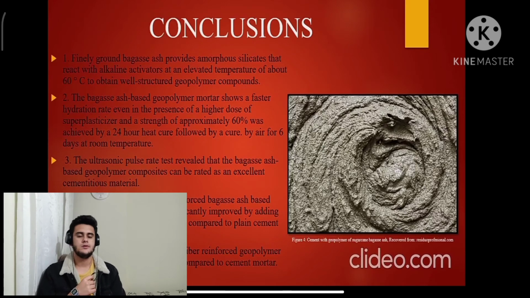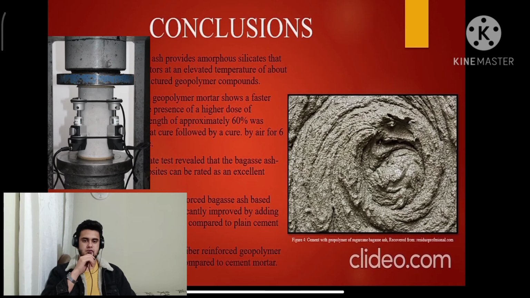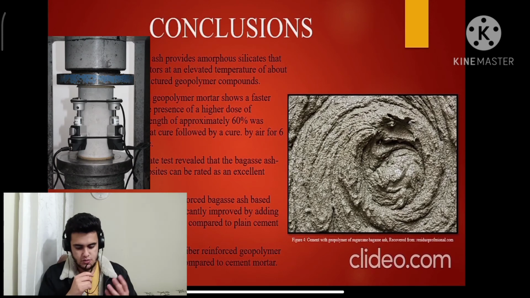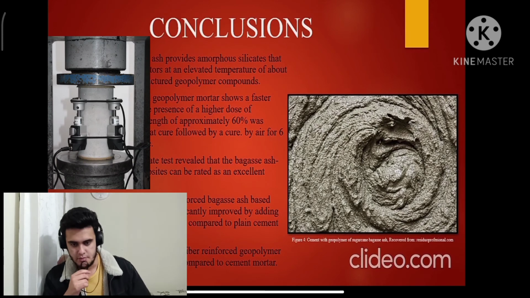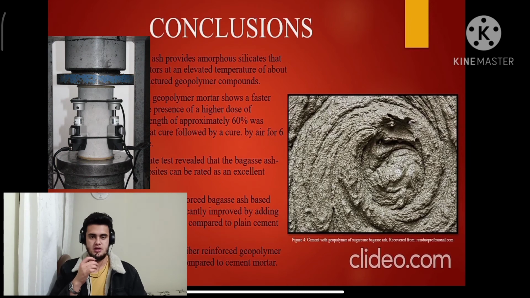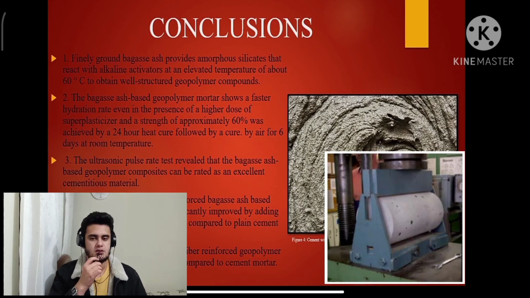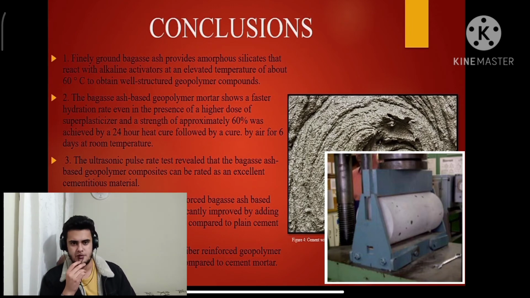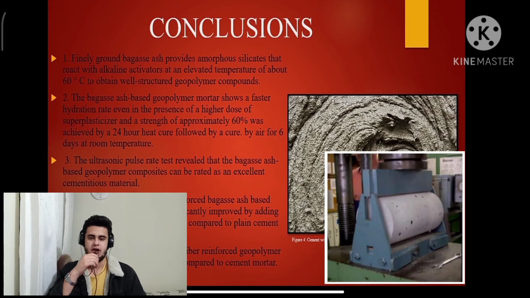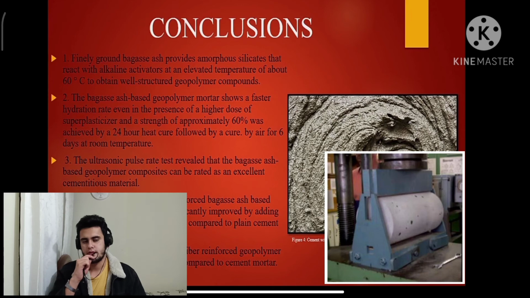As conclusions, we have that finely ground bagasse has proved to have silicates that react with silicon activators at a temperature of 60 degrees Celsius to obtain a well-formed geopolymer compound. It can also be concluded that a resistance of 60% was achieved when the samples were cured with heat for 24 hours in an oven and an air curing of 7 days.